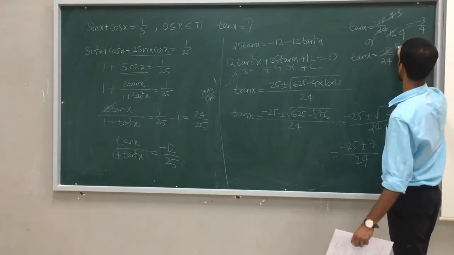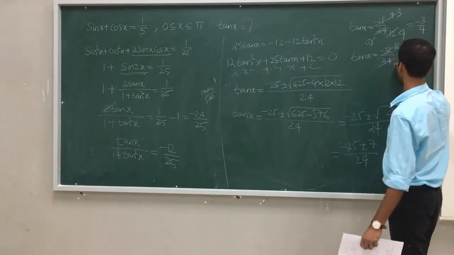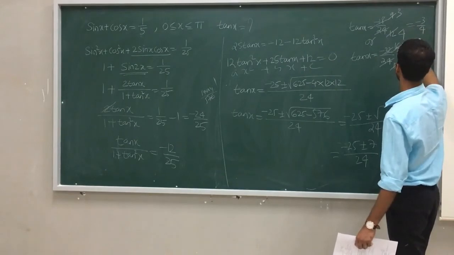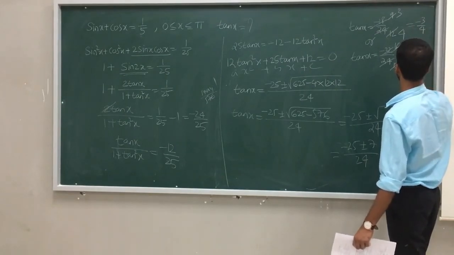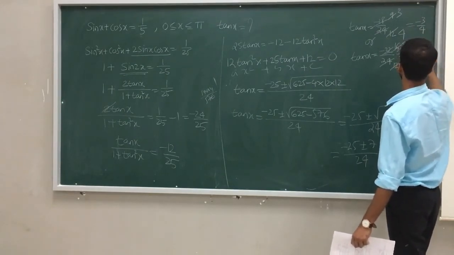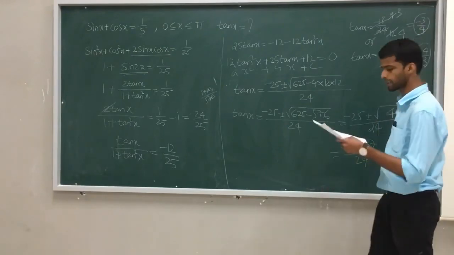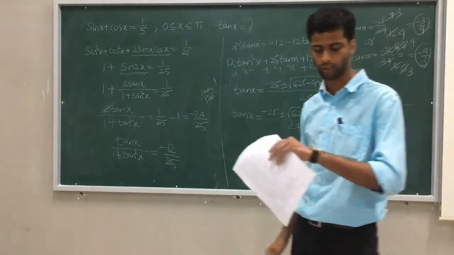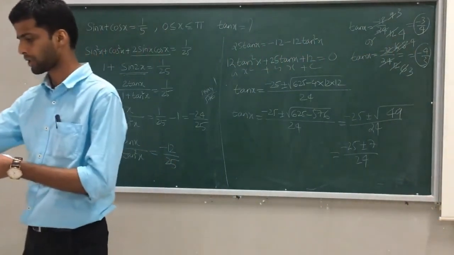And 32 by 24 is minus 4 by 3. So tan x has two answers, minus 3 by 4 or minus 4 by 3. Yes, option A is the right answer for this particular question. Okay.